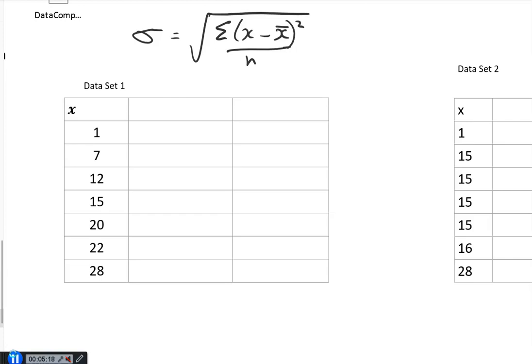Sum of. What's this little 2 mean? Square. Bleedingly obvious, but I'm trying to be. What's the N? Number. So in this case, it'll be equal to what? 7. There are 7 pieces of data: 1, 2, 3, 4, 5, 6, 7. And what's this big thing? Square root. Okay, so that's what we've got.